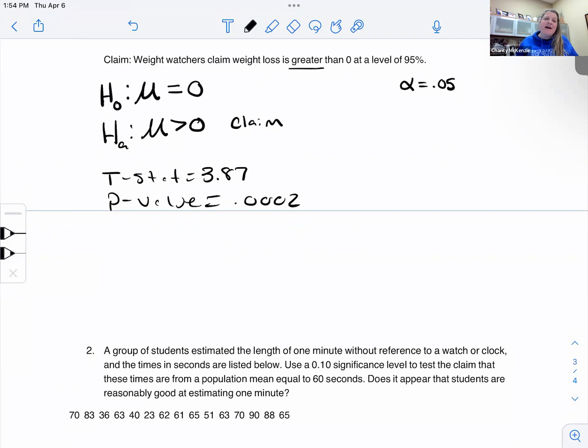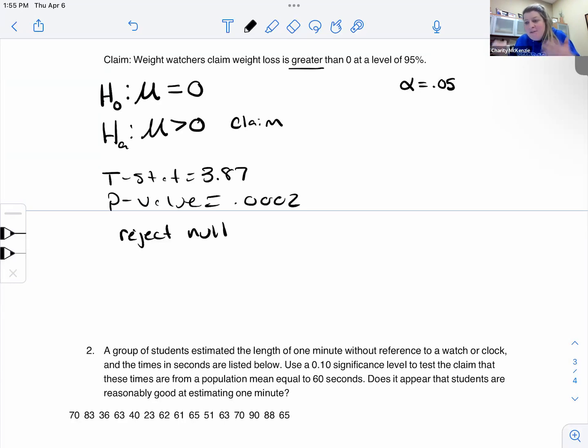And if our p-value is 0.0002, is that lower than our significance level? Yeah, it's lower than most significance levels, right? So if it's low, the null must go. So how do we state that the null is going away? We would say we reject the null. So we have evidence in favor of the alternative.